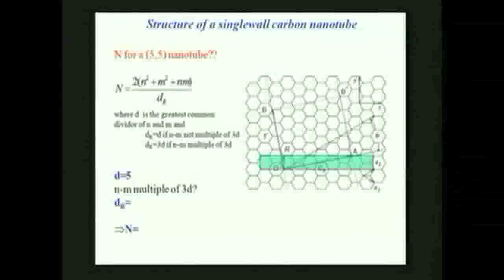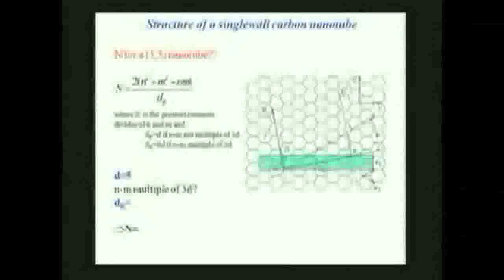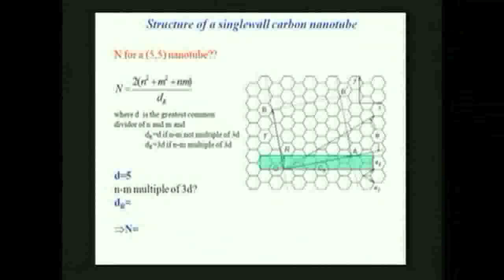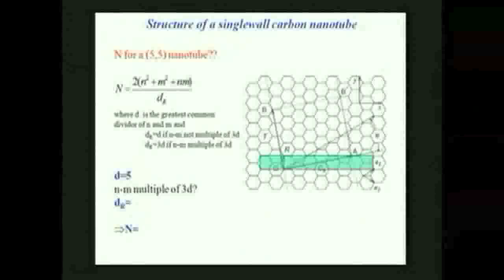Then you have to wonder if n minus m is a multiple of 3D. So if D is 5, 3D is equal to 15. So is n minus m, that is 0, a multiple of 15? When you multiply 15 by an integer, can you find 0?